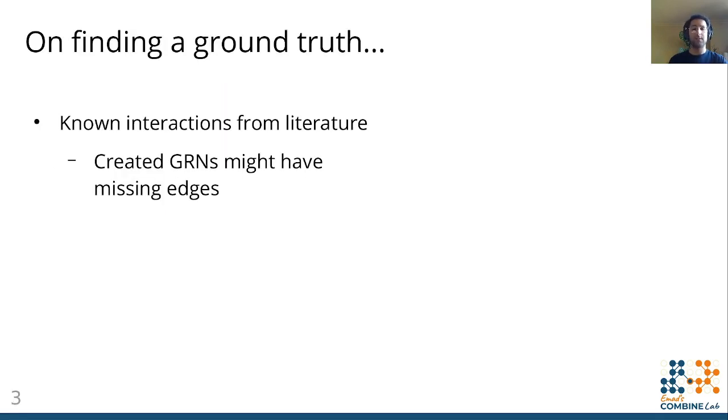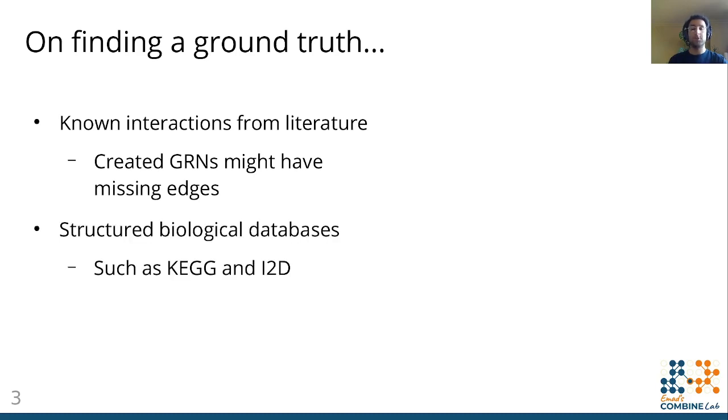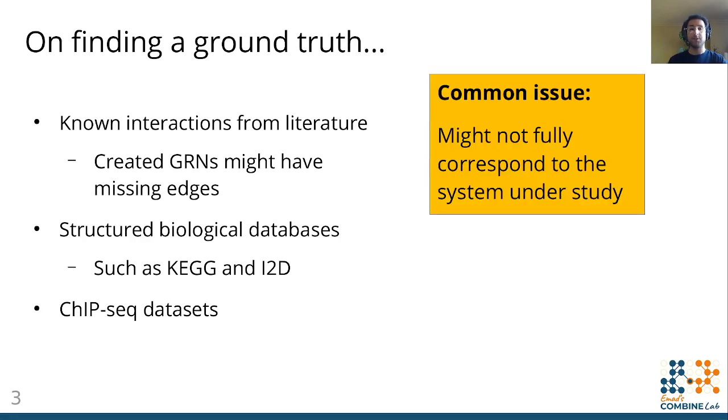Well, we could construct it from known interactions from literature. It's very hard to do so systematically, and even if we do, we might end up with GRNs that have missing edges. Or we can rely on structured biological databases such as KEGG and I2D, or on ChIP-seq datasets. But the common issue with all these ways of creating ground truth is that they give us zero guarantees on whether it corresponds to the system we are studying, because gene regulation is very context specific and also cell type specific.